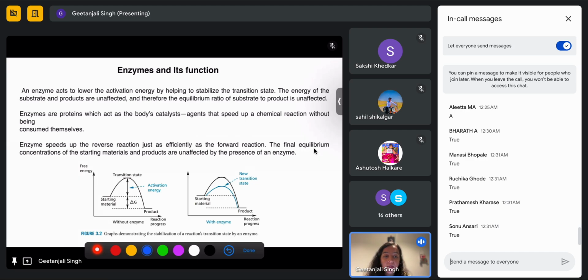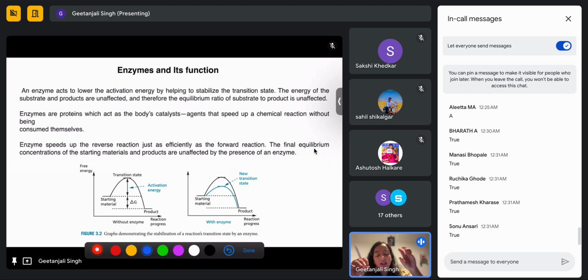Now this is very important because what an enzyme does is it catalyzes both the forward reaction and the backward reaction as well. It does not exactly change the energy of the start.